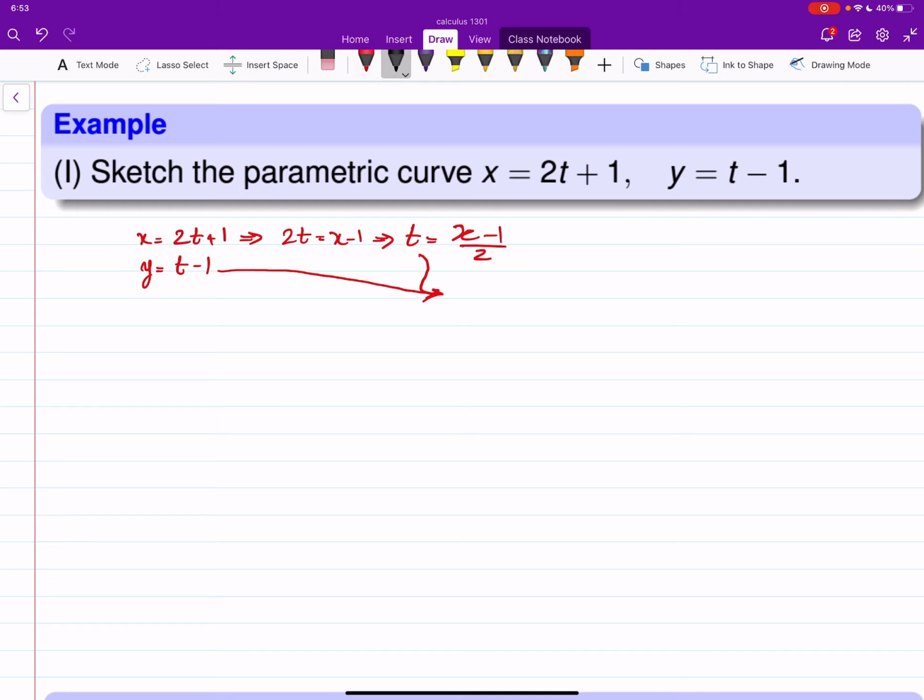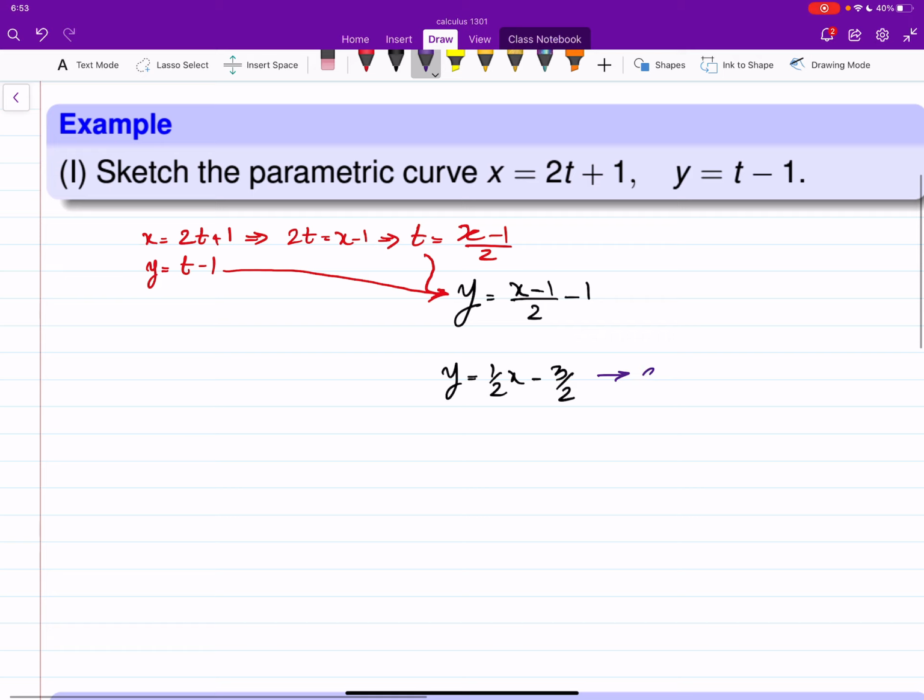Now, I take this one and I plug it in here. So the result, I'll write it in the middle here. y is equal to (x minus 1) over 2 minus 1. Or in other words, we are dealing with a line. So note that this is an equation without t, and it's an equation for a line, yes?